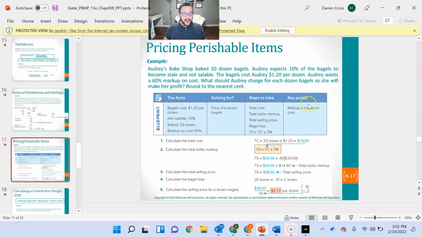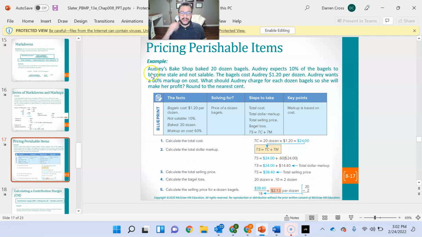So in order to understand, based upon the fact that things are going to go bad, how do we price things to get our desired markup and that kind of thing? We're going to change this formula a little bit. Instead of the same formula we had, which was S equals C plus M, we're going to say total S equals total C plus total M.